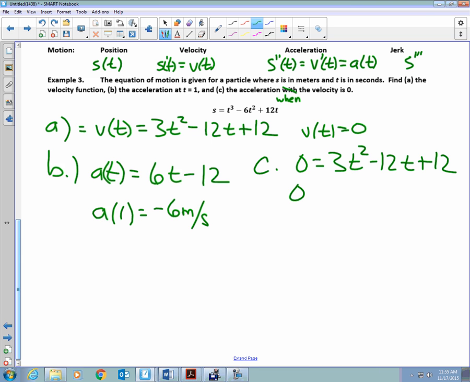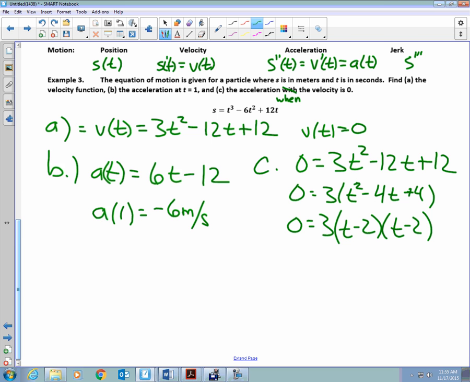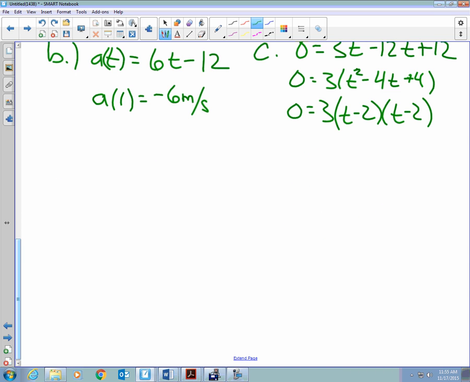I factor out a 3. So at what time does that happen? At time equals 2 seconds.